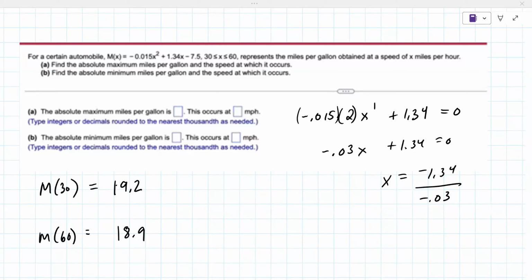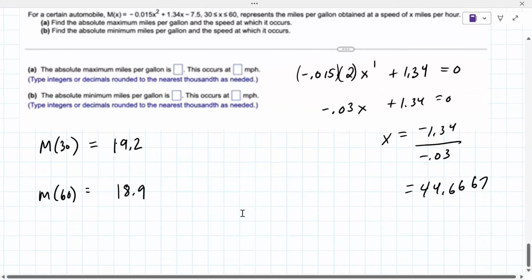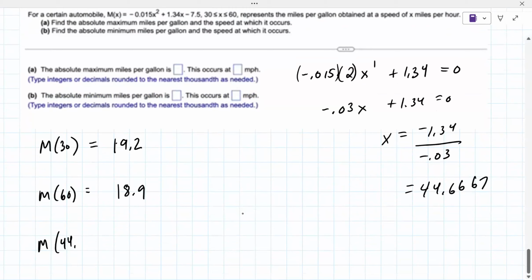Huh. Well, this ends up being 44.66 repeating. I'm going to go out to 4 decimal places on that. And that's what we're going to evaluate M at. This is round to the nearest thousand. Okay, so we're in good shape with that.